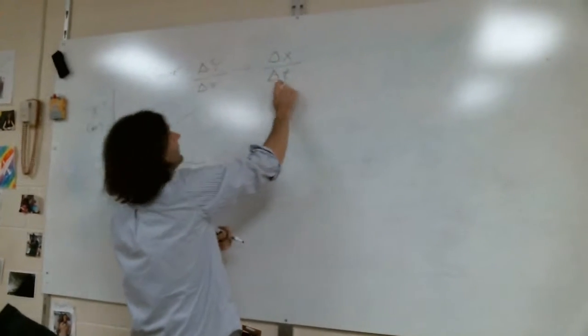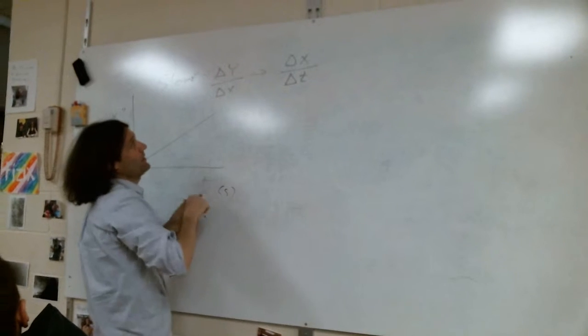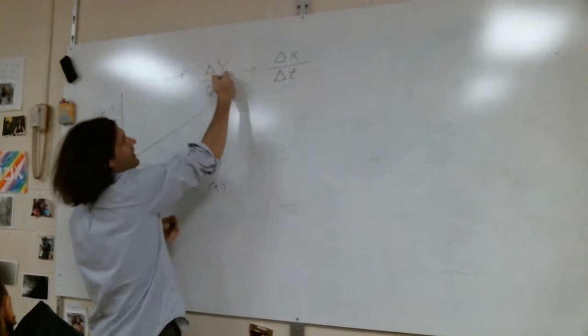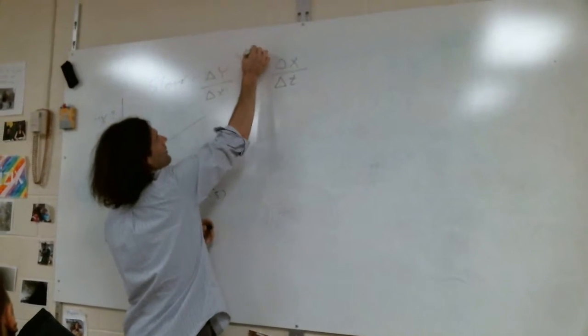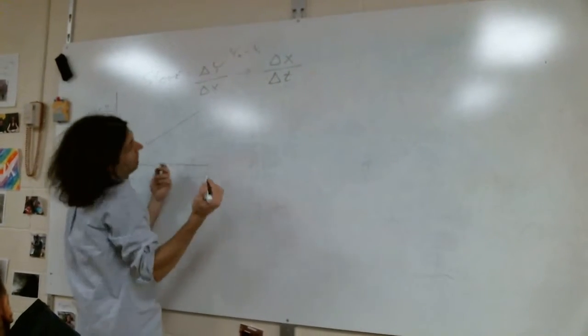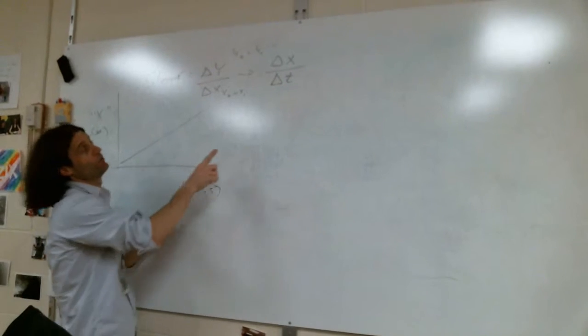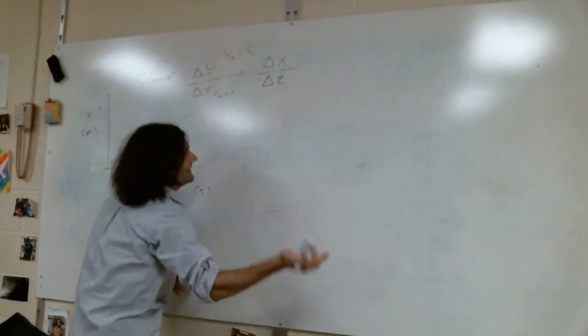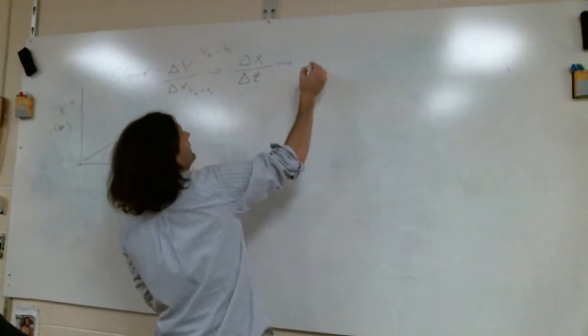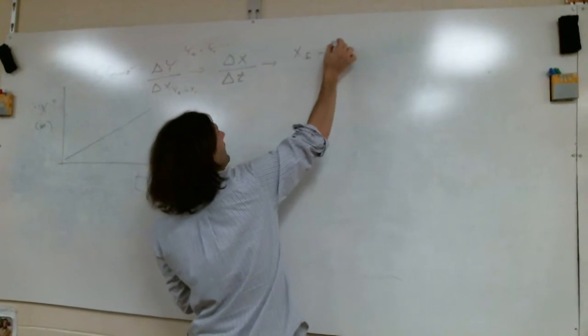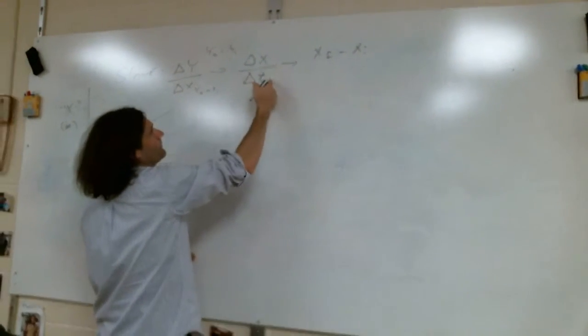So you guys all also know that your math teacher said, hey, this slope, when you calculate a change in, it's a y2 minus a y1. And this is an x2 minus an x1. And I will do the same thing with this. A change in x is your x final minus your x initial.